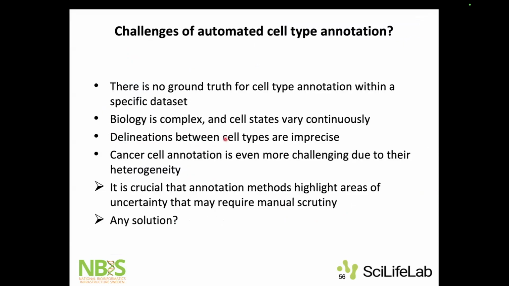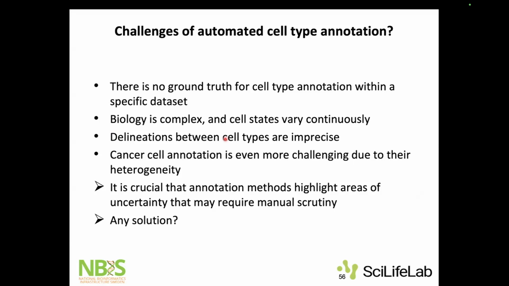So the challenges of annotating the cell types in the data is that there is no ground truth. So in all these benchmarking that we looked at, they use the annotation from the original data set as a ground truth. Then they want to see if their performance is high or low, they compare it with that one.